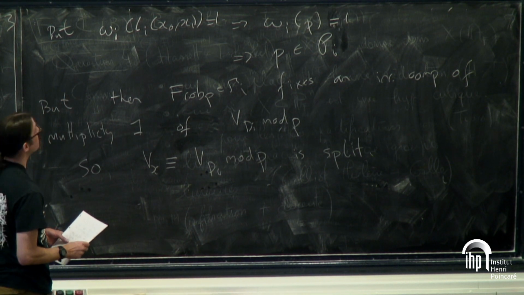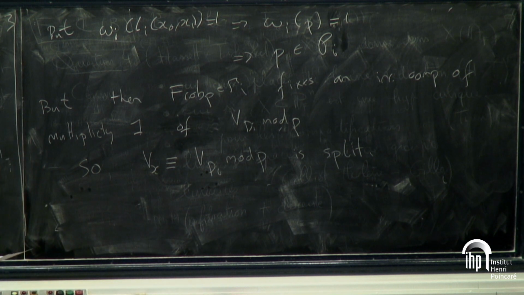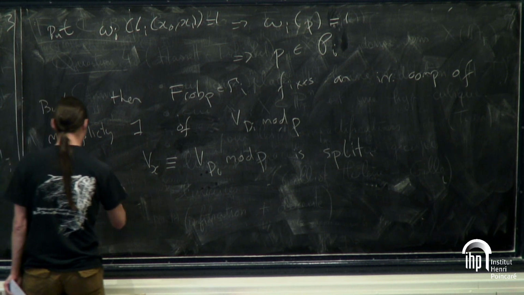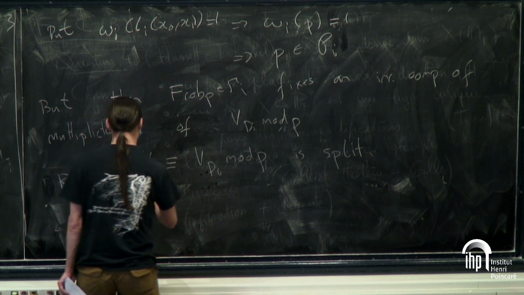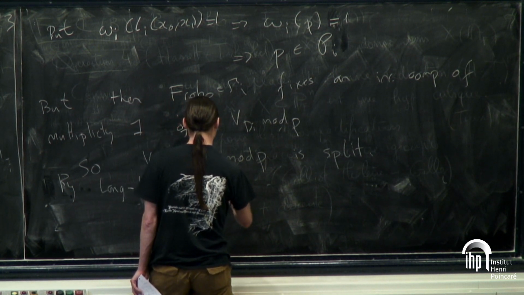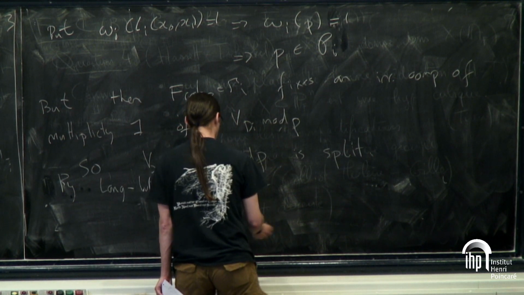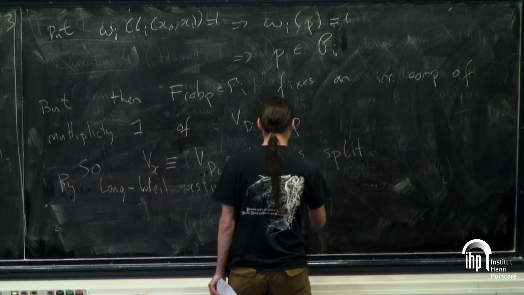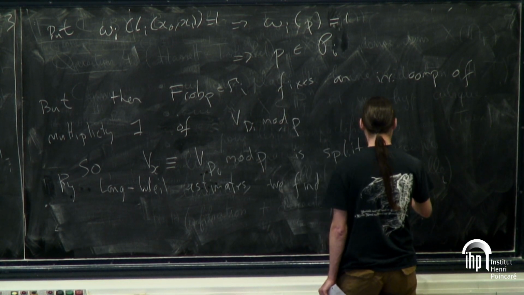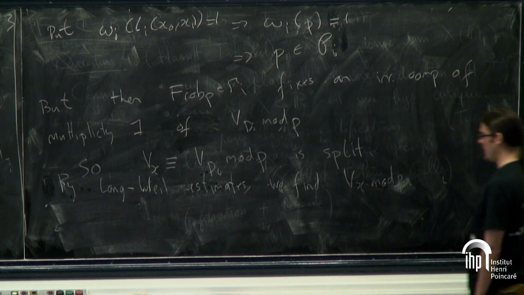And now I can complete the proof of the lemma. I'm going to show there's a Q_p point. To do this, by the Lang–Weil estimates, we find that this fiber modulo p, since it's split, has loads of points.